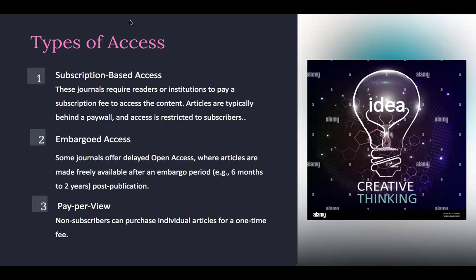So is this access part clear to everyone? Because with this, I will show you how we can find the different types of journals which are there when we search for it. Okay, should I move ahead then?